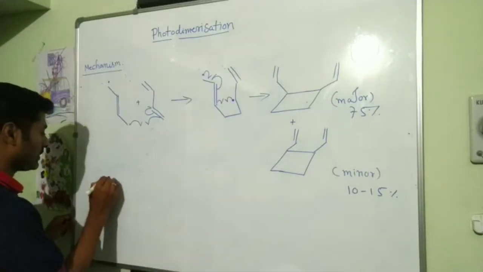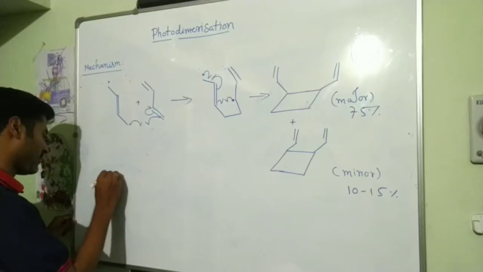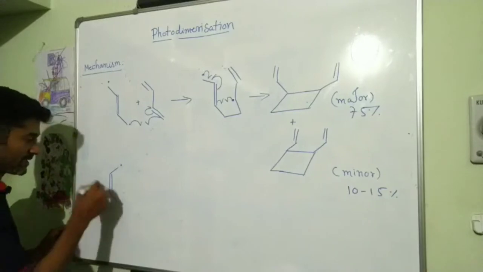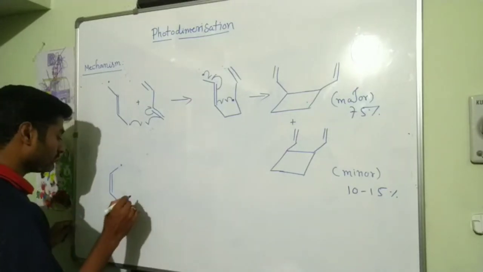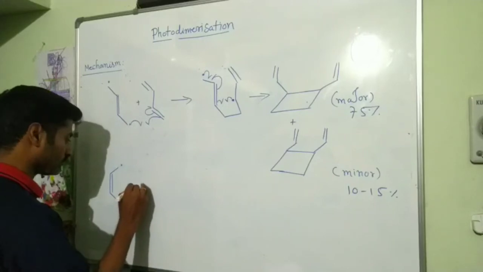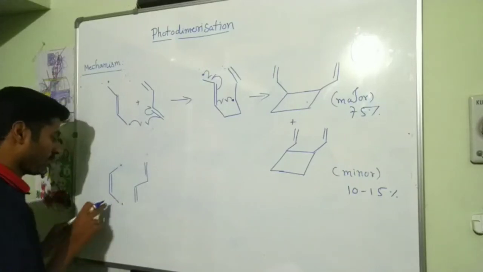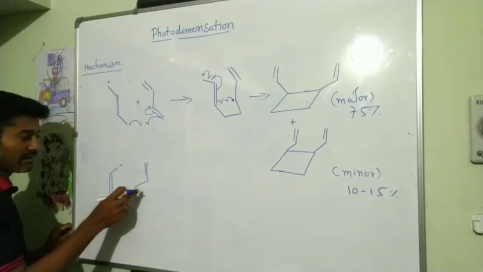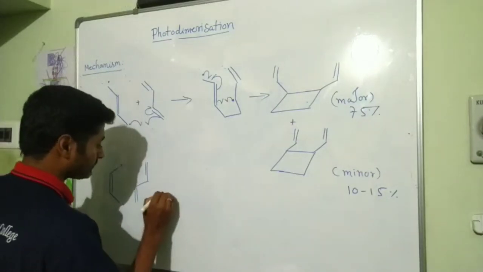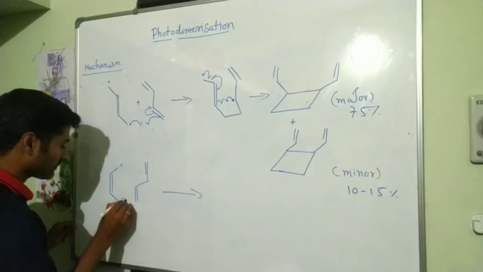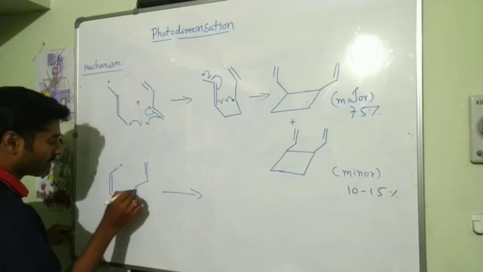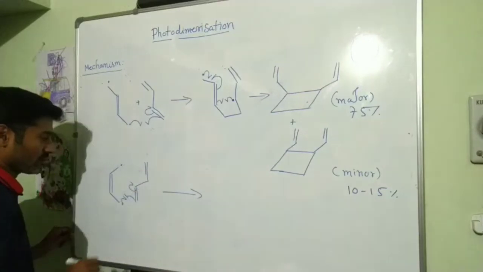So now, let us take the cis form. The cis biradical interacts with the ground state diene. The mechanism will go like this, a radical mechanism, and this will go and sit on this carbon.